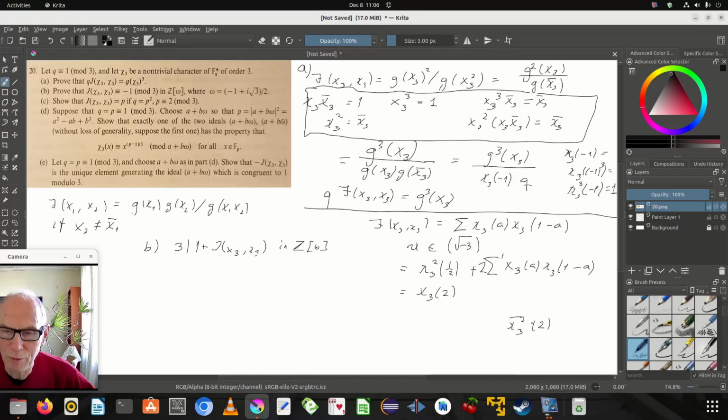And then we multiply it by chi3 bar. What about multiplying it by, oh yeah, chi3 of 2, chi3 bar of 2. There we are.